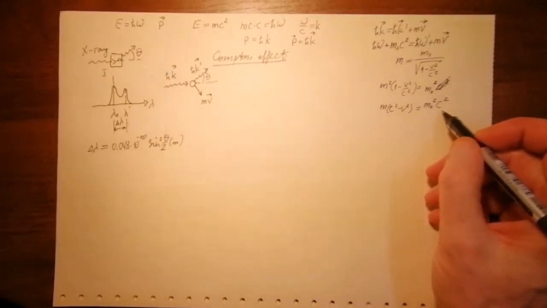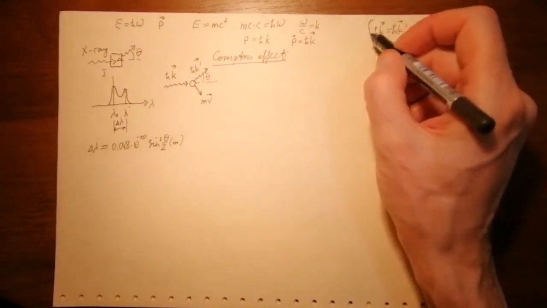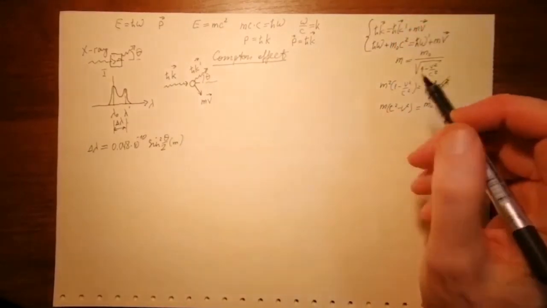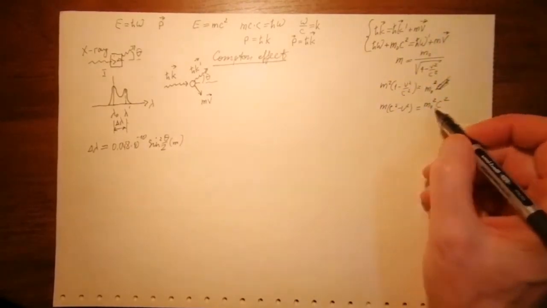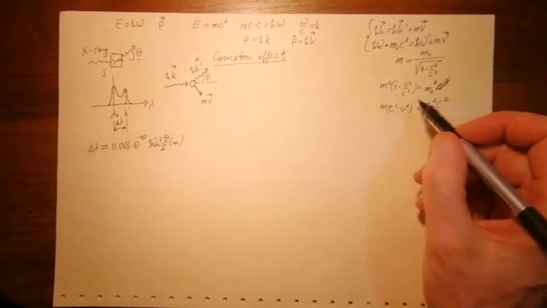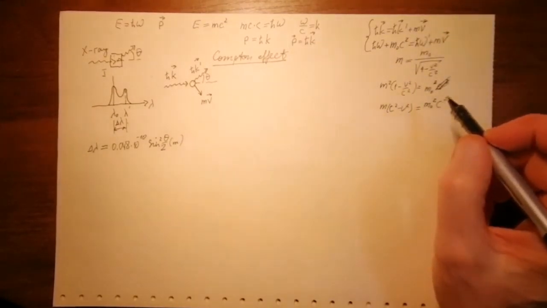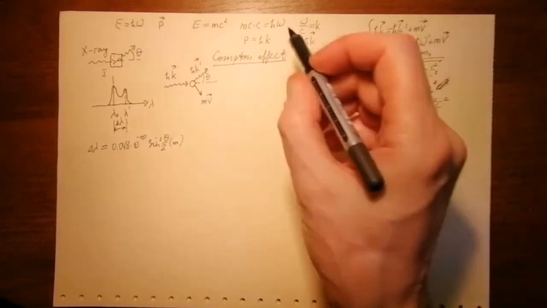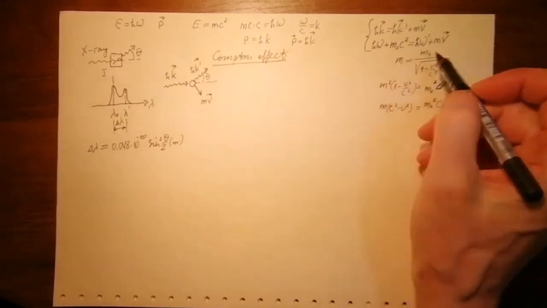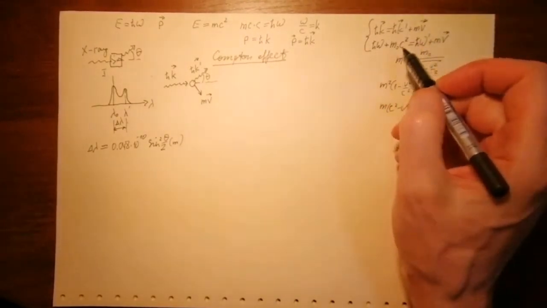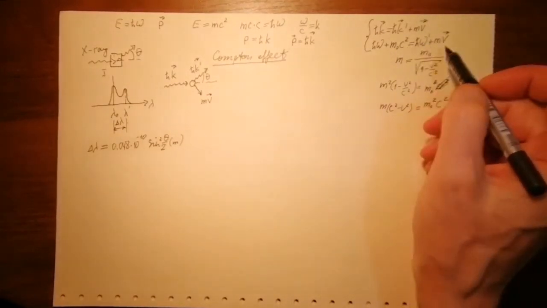Well, using these equations, we will transform them and then compare with this result. So we will derive the left part from this. To do this, first we remember that omega over c is k. So we will take the second equation and divide the left and right parts of this equation by c.